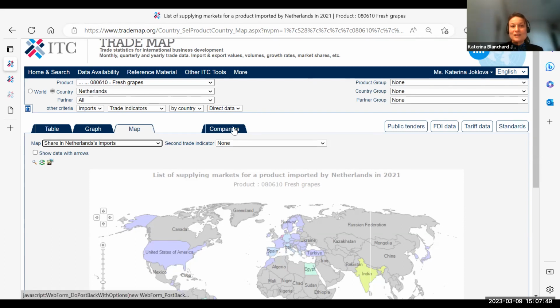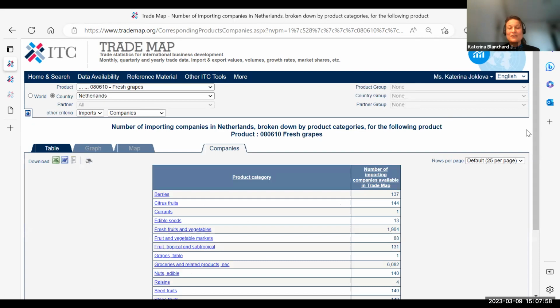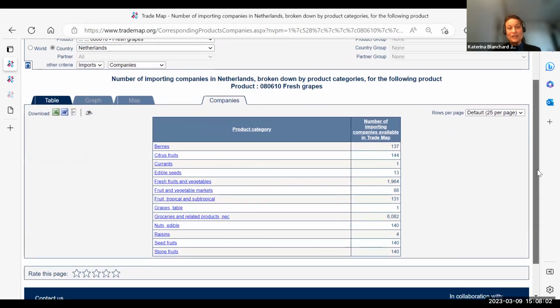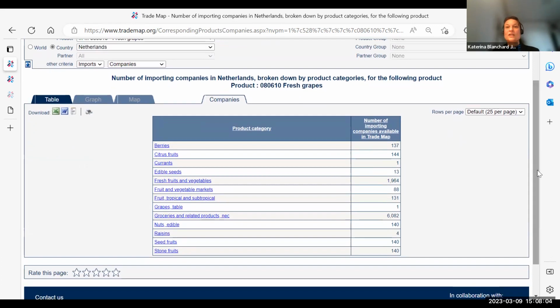And for that, we can also use TradeMap. It's a little bit slow, but in TradeMap, we also have the lists of distributors. This list is usually taken from two databases, Dun & Bradstreet, if you know it, and Compass database, depending on the country.